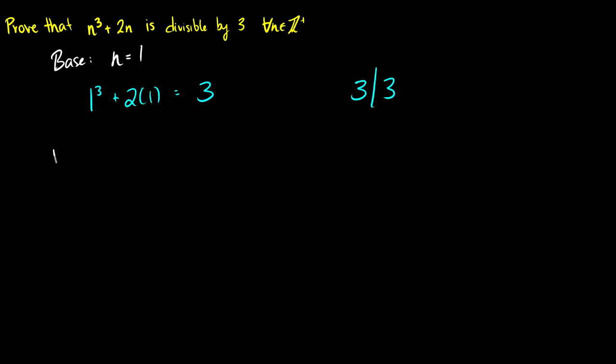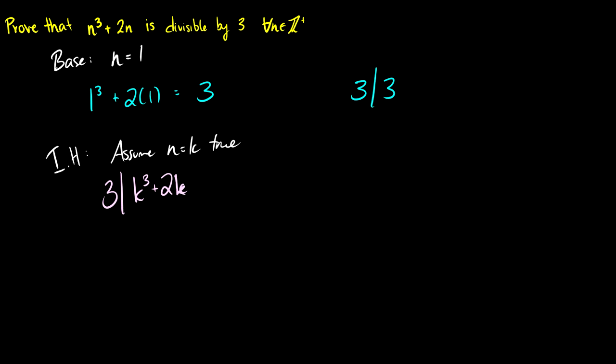Next is the induction step. Our hypothesis is we're going to assume n equals k is true. So what does this mean? This means that 3 divides k cubed plus 2k.